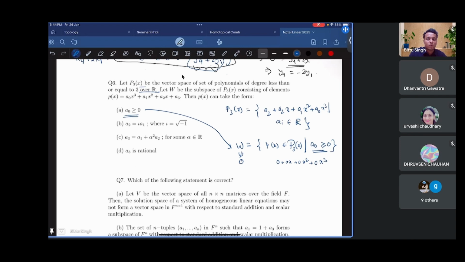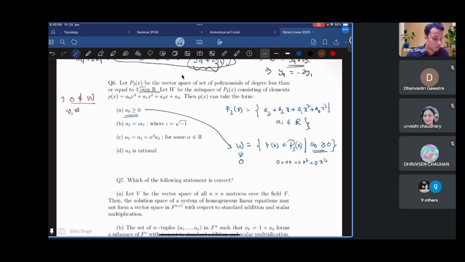What are all the possible conditions for a subspace? To check if something is a subspace or not, we need to check these conditions. First we'll check if 0 belongs to the subspace W or not. Though it is not necessary, it is easy to discard by this reasoning.